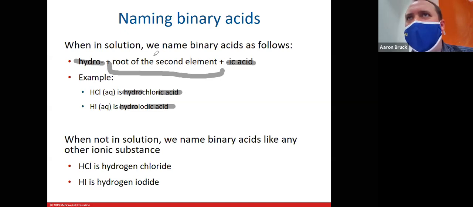For HI, hydroiodic acid. The hydro and the -ic acid are constant. The iod is in there to identify the other element as iodine.